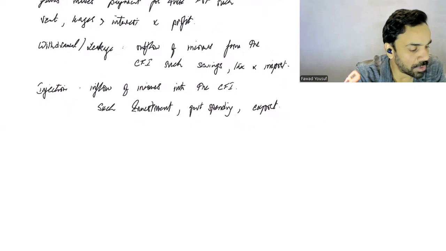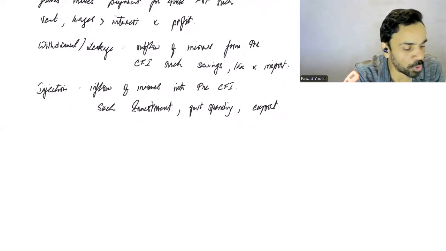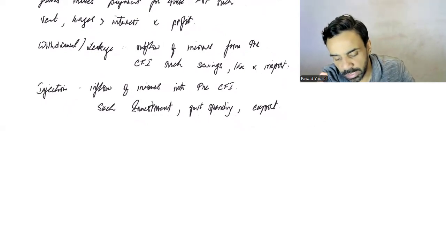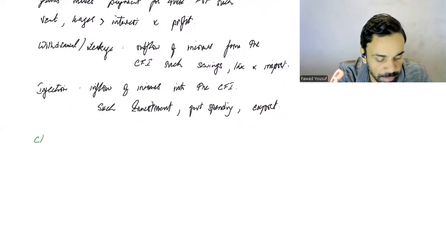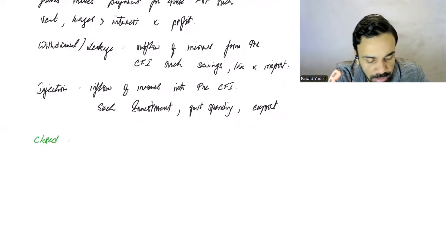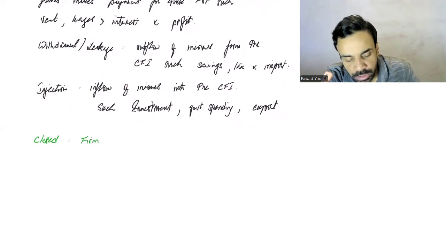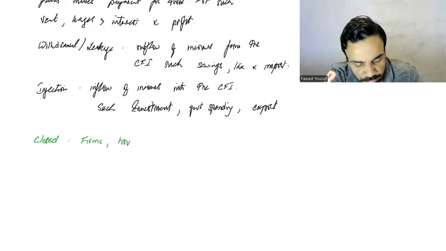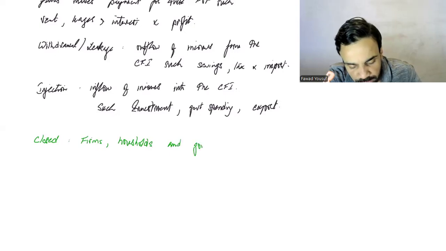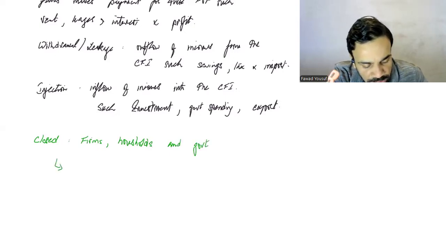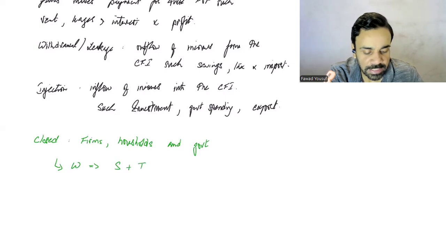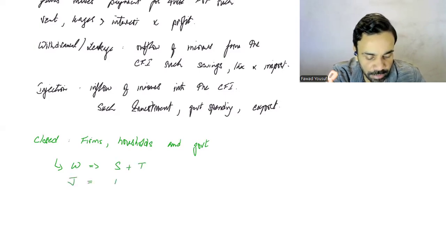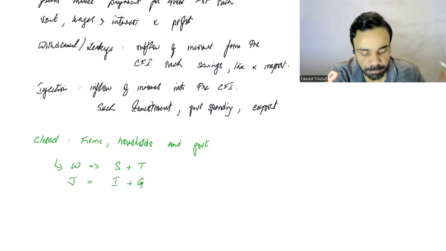Now, because the question is about when you're moving from a closed to an open economy, this is where I will clearly state that in a closed economy you only have firms, households, and government. और इस situation के अंदर the withdrawals that we have is only savings and taxes, and injections we have is only investment and government spending.